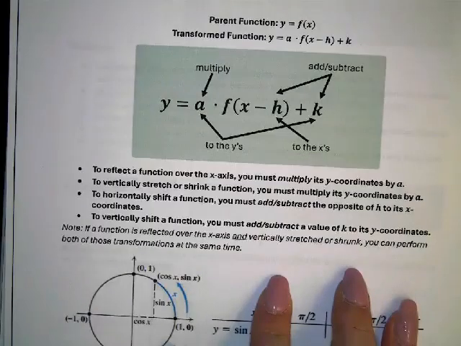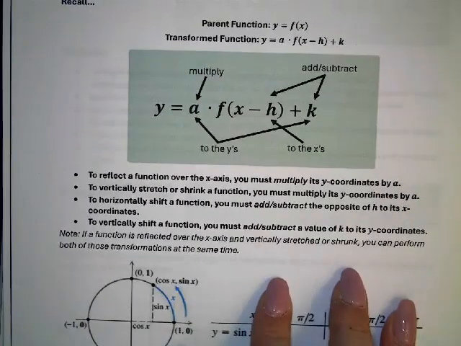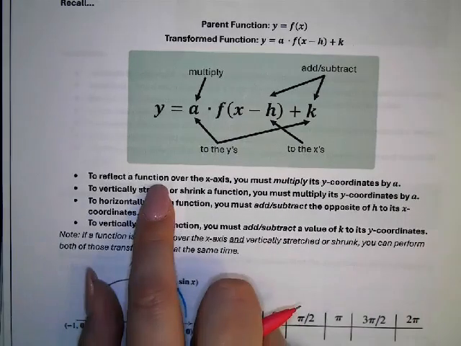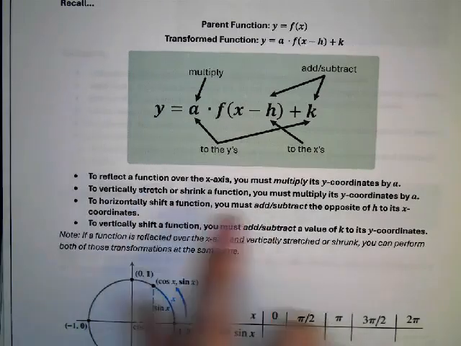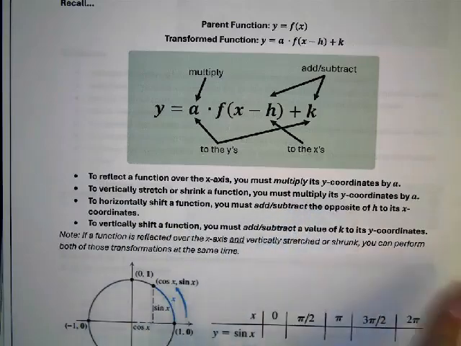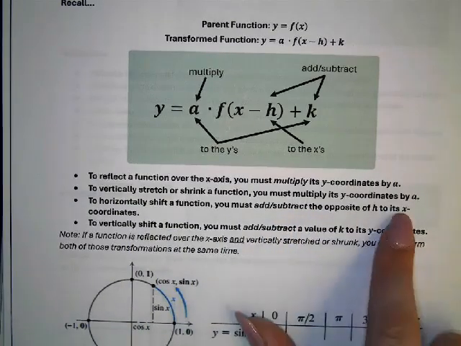And all of those things are still true when we look at sine functions and cosine functions, but they look just a little bit differently. And if you took me for your Math 171 course, then I taught you how to do all of these things algebraically, and we would write tables for each of the functions, and then we would shift the function left and right by adding and subtracting values to the x-coordinate.